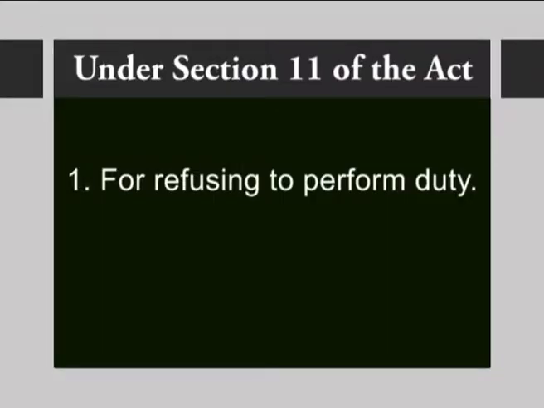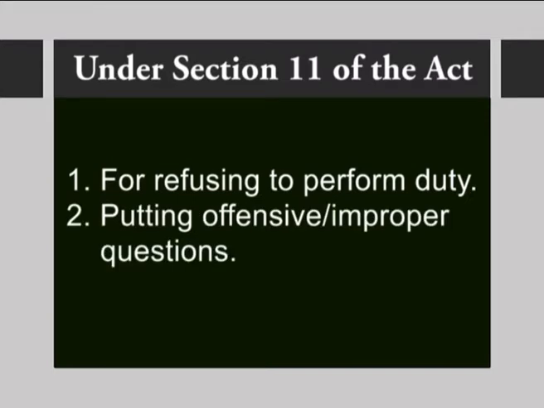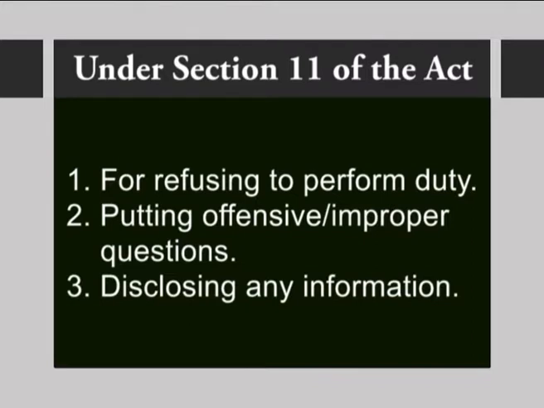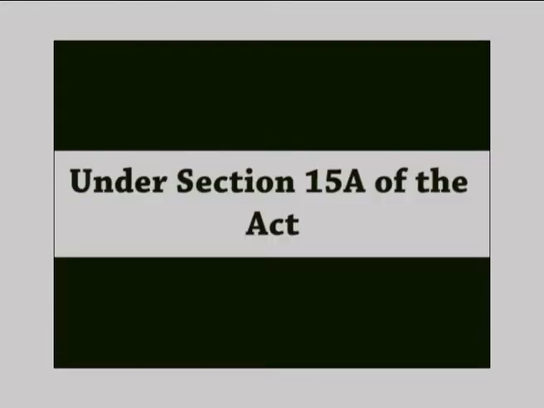Now, the penalties are imprisonment up to 3 years and fine up to rupees 1000, that is under section 11 of the Act, for refusing to perform duty, putting offensive or improper questions, disclosing any information. Other provisions are under section 15A of the Act.